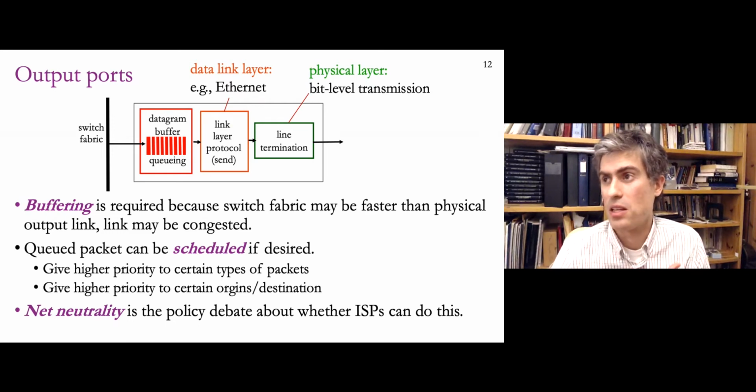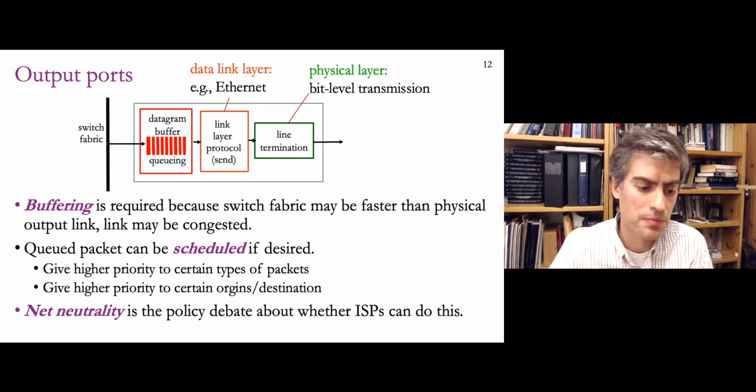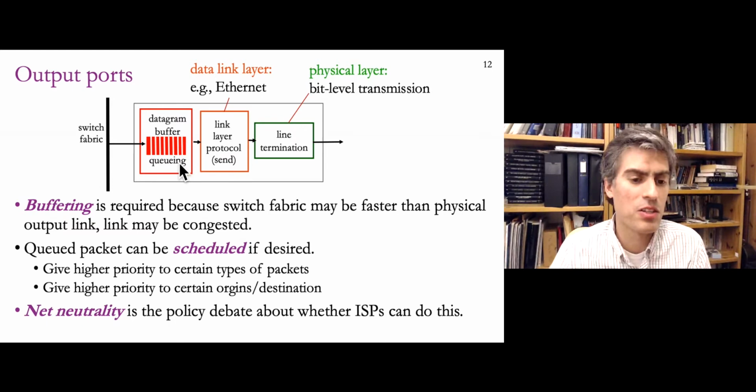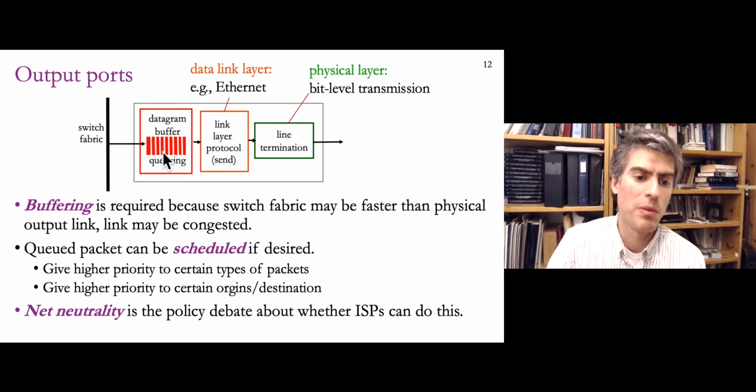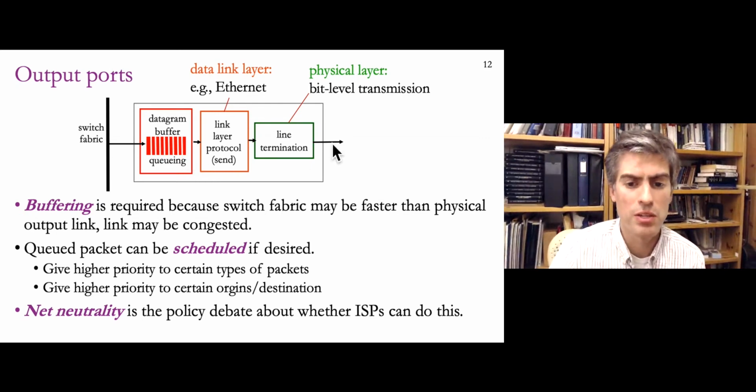I'm not saying they do that. I haven't seen it, but that's a possibility. And the way they would do that is in these output ports, by having rules that drop the packets from Netflix more readily. They could even do it maliciously, but in general, they could just do it when there are multiple packets to choose from that could be sent.